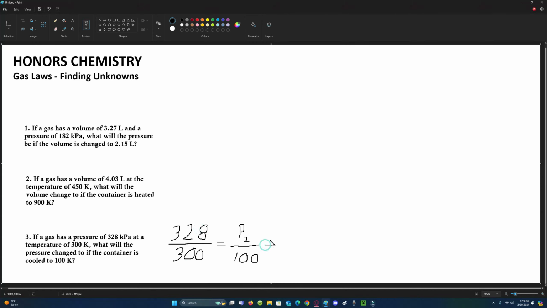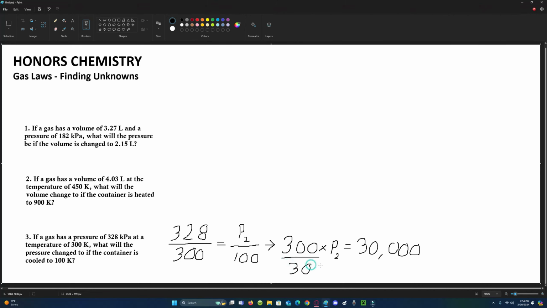So we would get 300 times P2 equal to 30,000, because that would be rounded to 1 sig fig when multiplying these two. And then we do the same.